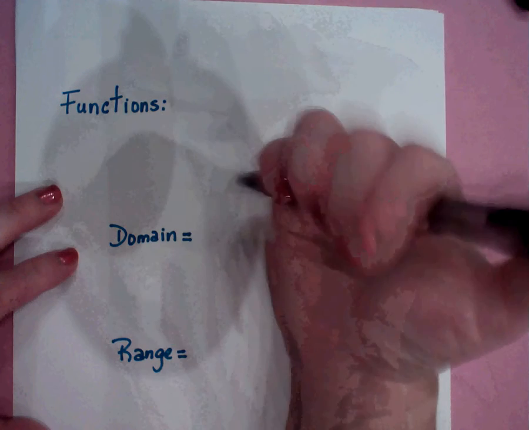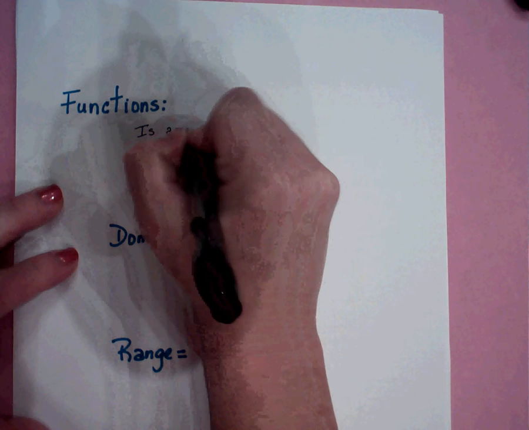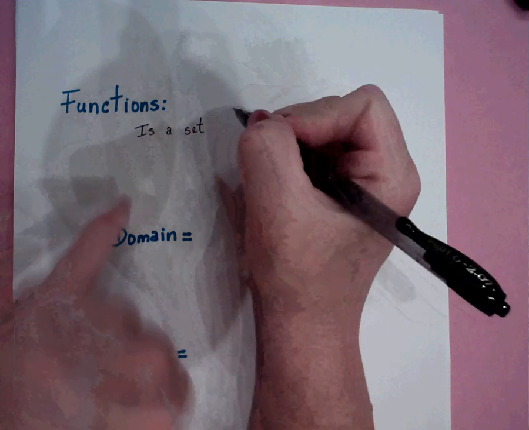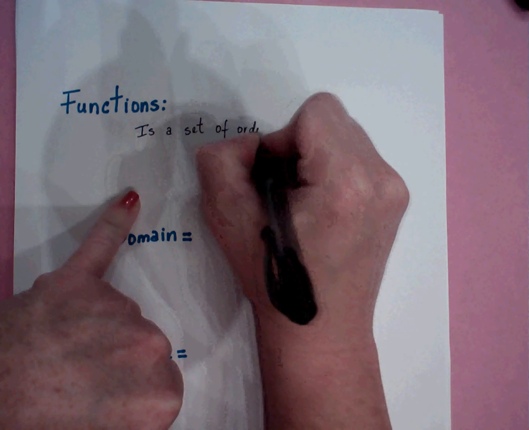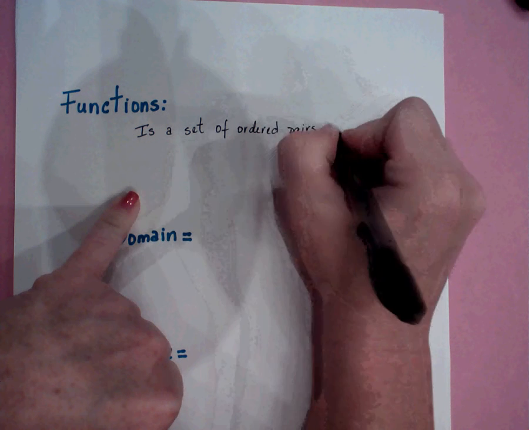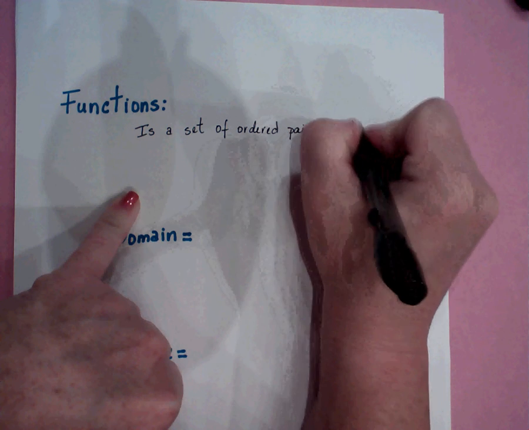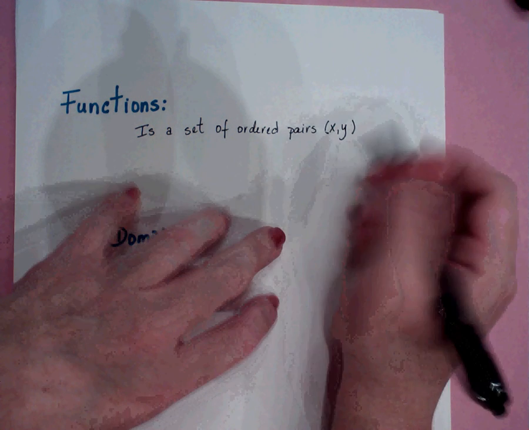A function is a set of ordered pairs, and for those of you that cannot remember what an ordered pair is, an x and a y that you can plot on a coordinate plane.